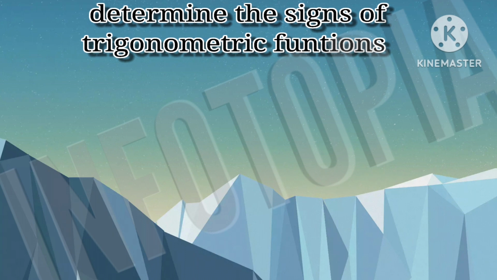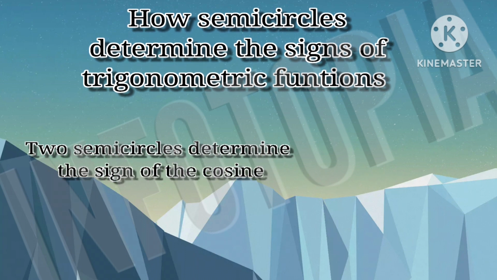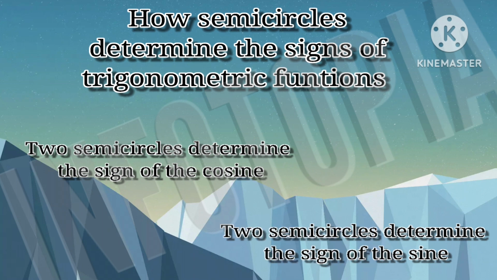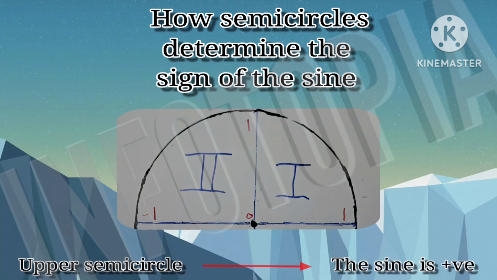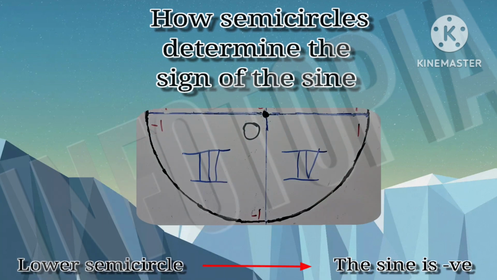Back to our topic. We can also notice that the circle is divided into 4 semicircles, 2 of which determine the sign of the cosine, and 2 for the sign of the sine. This is all dependent on the axis. So, in the upper semicircle, the sine is positive, while in the lower, it's negative.